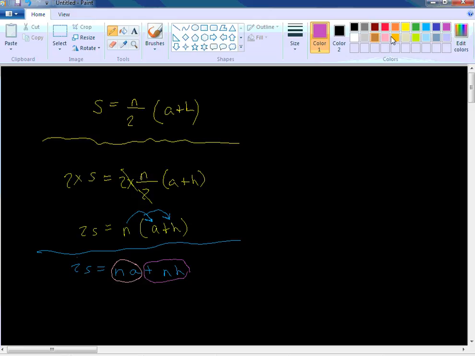However, since both terms are being multiplied by n, I can factor out the n from both terms. Let's use red for this portion. I'm going to divide both sides of the equation, and both terms on the right side of the equation, by n.